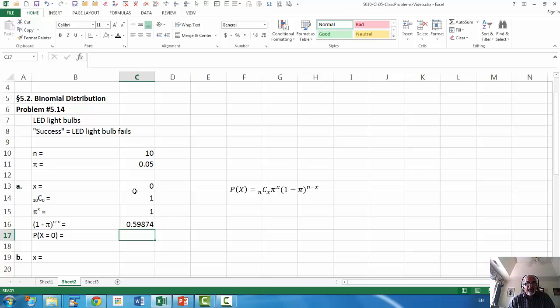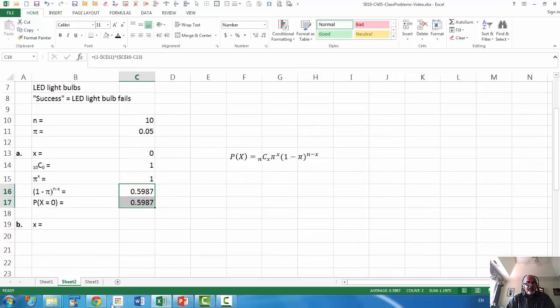Now if you multiply these three, combination n combination X times pi to the power of X times 1 minus pi to the power of n minus X, that gives us the probability that X is equal to 0. Exactly 0 bulbs fail.